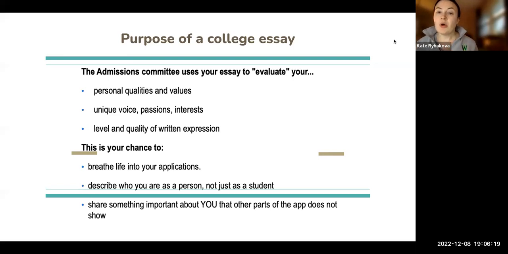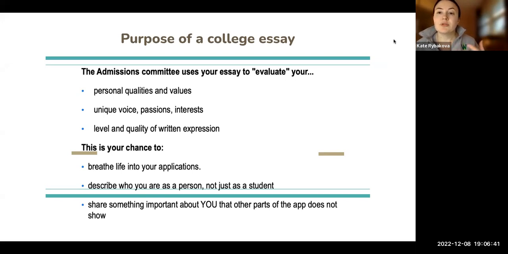But also in the American application process, besides your academics, we also look at your personality and your involvements outside of the classroom, which I think is very different from a lot of schools in post-Soviet countries, for example, or even Europe, even the UK.